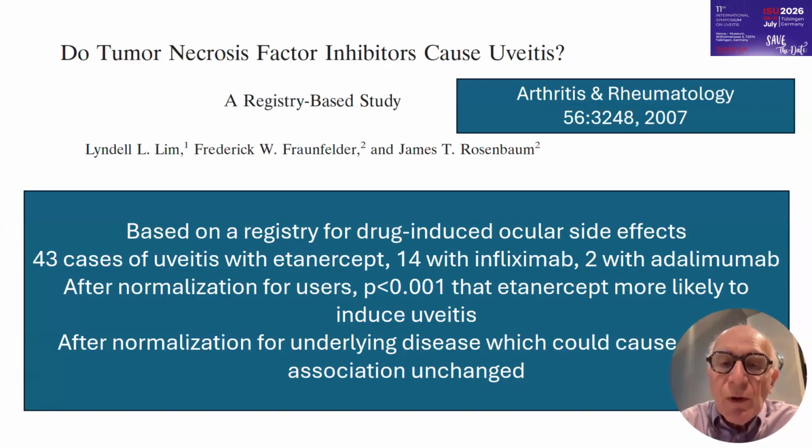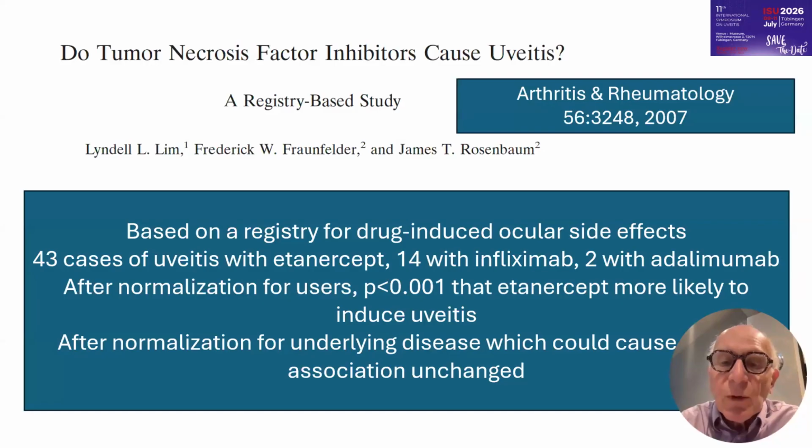That registry, when we looked in 2007, had 43 cases of uveitis attributable to etanercept, 14 with infliximab, and 2 with adalimumab. Those 3 TNF inhibitors were not in equal use, so we adjusted for how frequently each was being prescribed and concluded that etanercept was more likely to induce uveitis than the other 2 monoclonal antibodies.